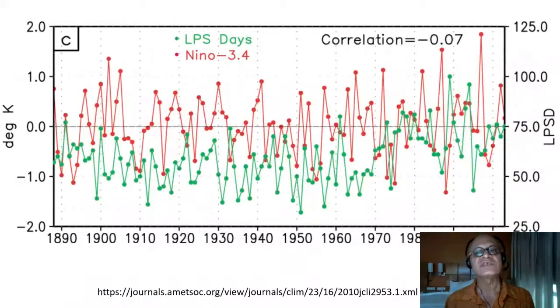Consistent with that, we see that in fact there is very little correlation between the El Nino index Nino 3.4 and the low pressure system days.